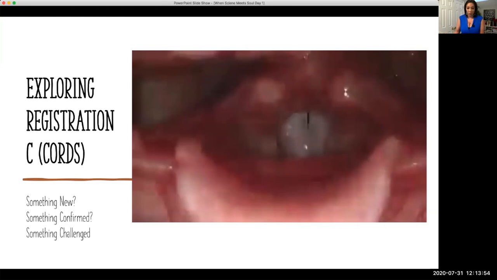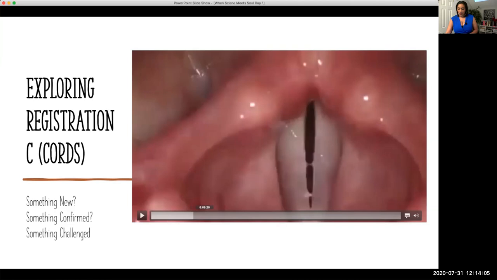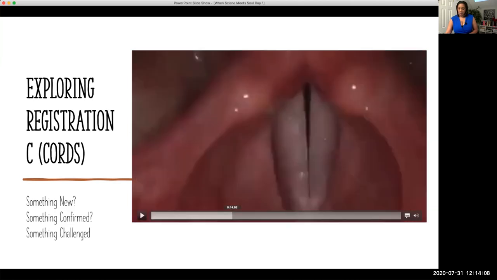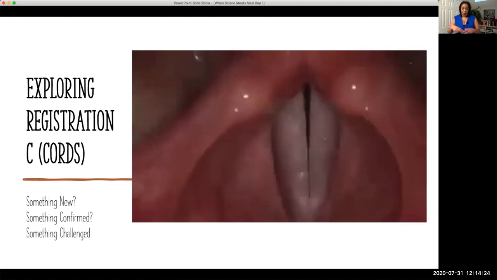There's nothing wrong with these chords, right? You all would agree, those of you who have experience looking at vocal folds. One of the things that I pay attention to because of my demographic is how the walls of the throat respond to certain pitches, right? And how the walls of the throat respond when she got to the top of her range, and how they responded when she got to the bottom of her range.